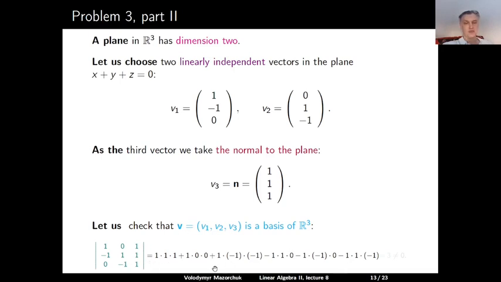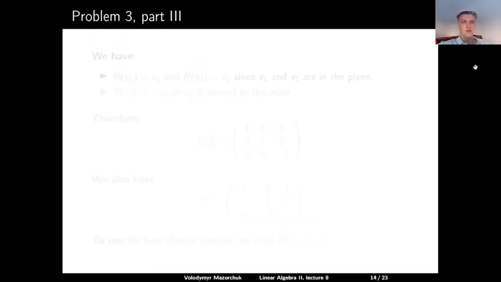So if we compute all this, we will get 1 plus 0 plus 1 minus 0 minus 0 plus 1. And this is equal to 3, which is not 0. So these vectors indeed form a basis in R3. With respect to the basis V, we have the following.